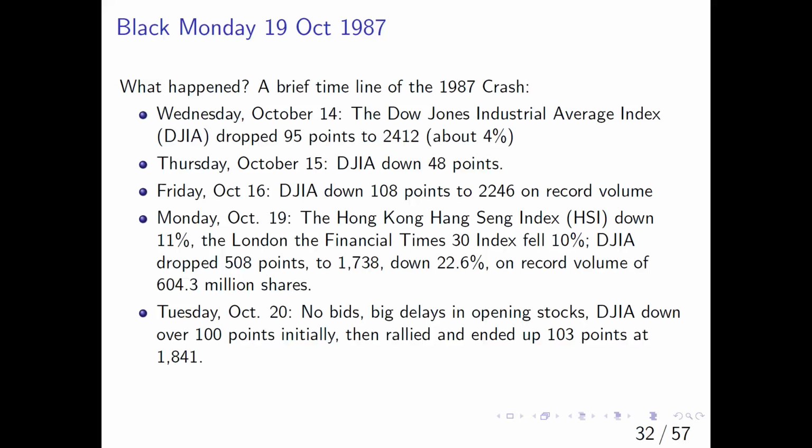If this large cap index falls by 10%, you can expect the mid cap and small cap stocks will drop even more, right? And the Dow Jones dropped 508 points, down 22% on record volume.